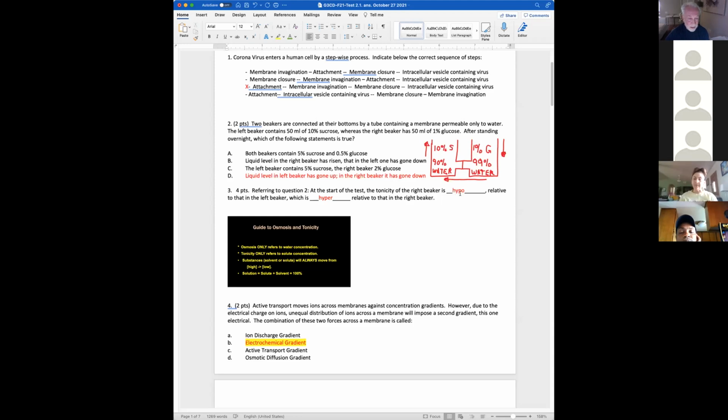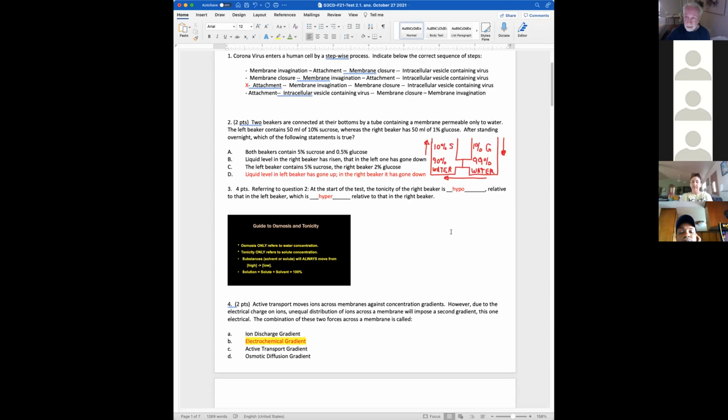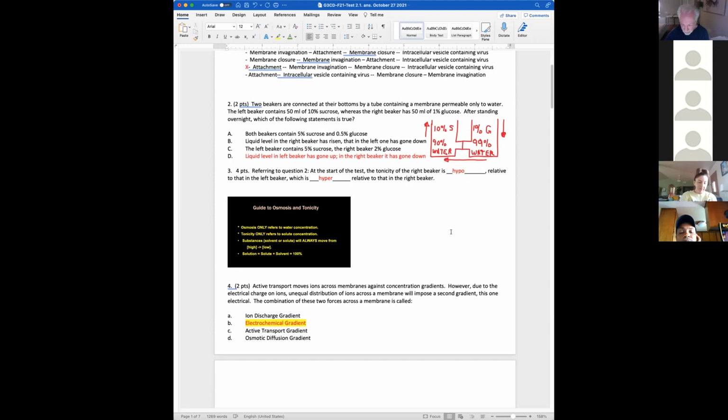So that means the right beaker is hypotonic, and conversely, the left beaker is hypertonic. That's because the solute concentration in the right beaker is only 1%, whereas in the left beaker it's 10%. And it's going to remain that way because this membrane is not permeable to either of these solutes. Okay, is that okay with everyone?